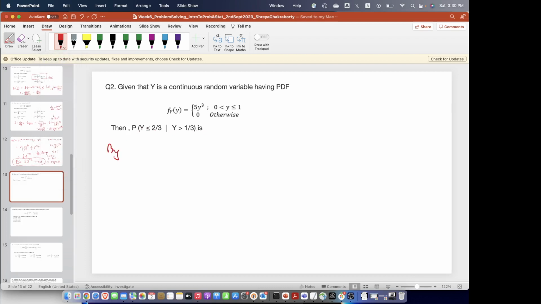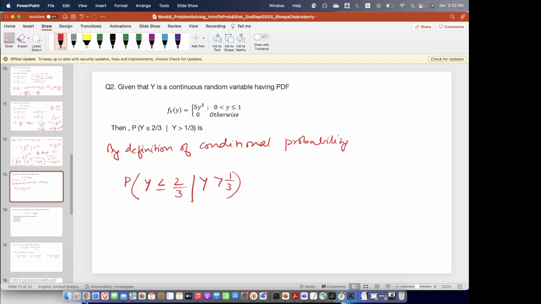So by definition of conditional probability, we can write probability y less than or equal to 2 by 3 given y greater than 1 by 3. This is probability y less than or equal to 2 by 3 and y greater than 1 by 3, divided by probability y greater than 1 by 3.